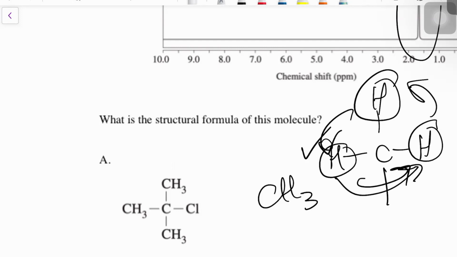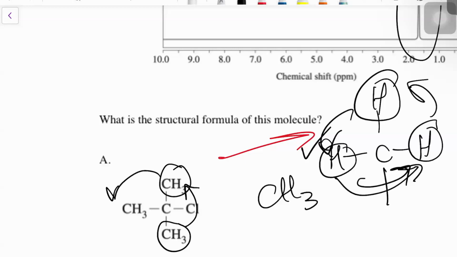So this carbon's going to rotate, which means similar to the hydrogens here, this methyl can rotate over here, this methyl can rotate over here, this methyl can rotate over here. Because they all go around and eventually reach each other's positions, everything in the molecule is going to look the same to each hydrogen in each methyl group. So each hydrogen in the 3 methyl groups is going to see the same thing as the carbon rotates around.